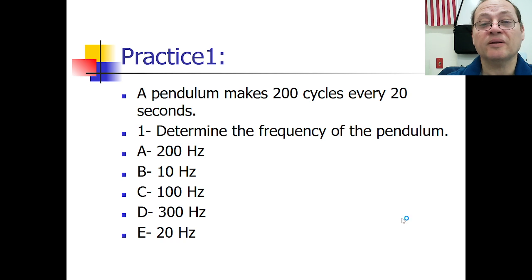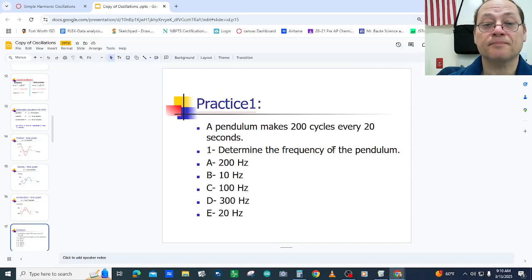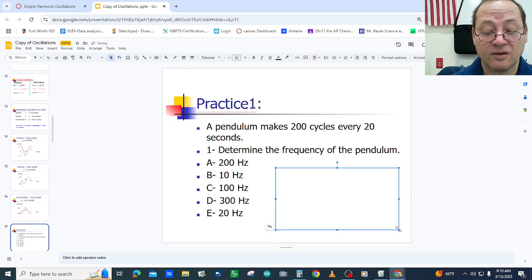Practice 1. A pendulum makes 200 cycles every 20 seconds. What is the frequency? All you need to do here is apply the concept for frequency. Frequency is cycles per second.